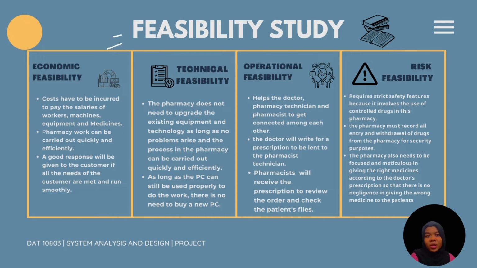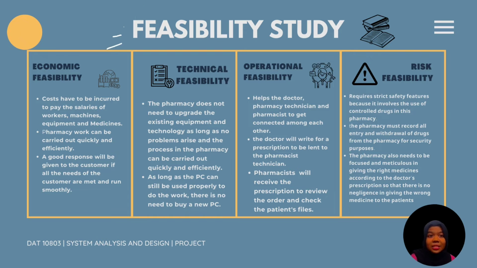A good response will be given to the customer if all the needs of the customer are met and run smoothly. Second, technical feasibility. The pharmacy does not need to upgrade the existing equipment and technology as long as no problem arises and the process in the pharmacy can be carried out quickly and efficiently.